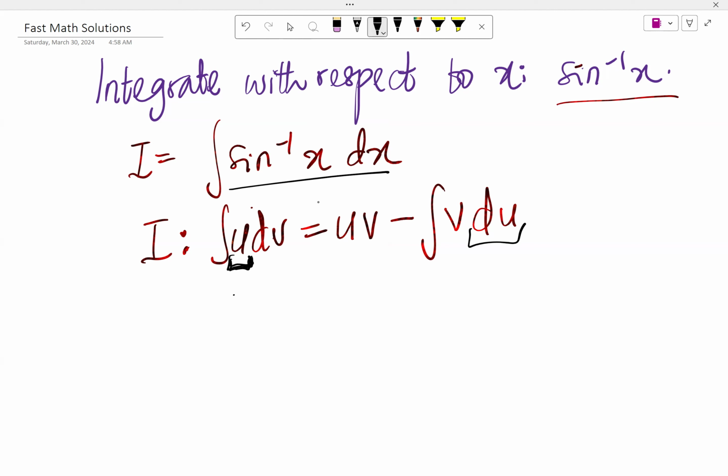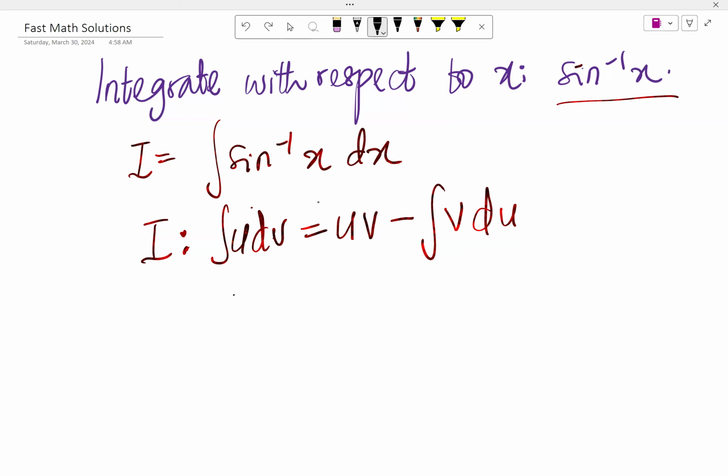And then you need a dv, something you can easily integrate to get v. From your u, you are going to get du, and from your dv, you are going to get v. So your u should be something you can easily differentiate, and your dv should be something you can easily integrate. Now, of course, it's clear that you cannot easily integrate arcsine of x.